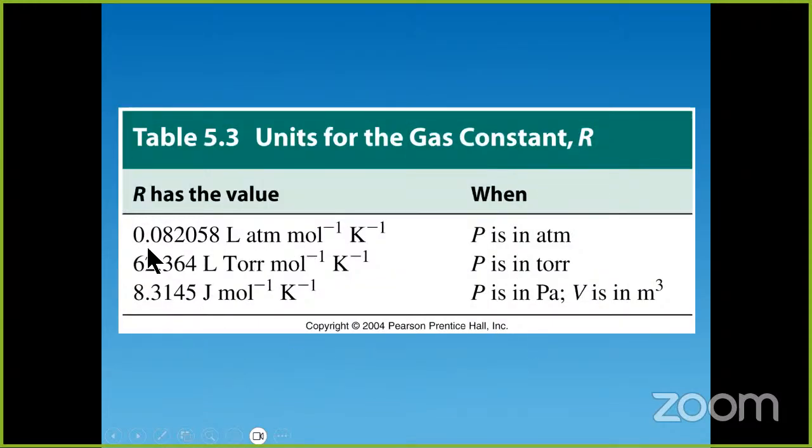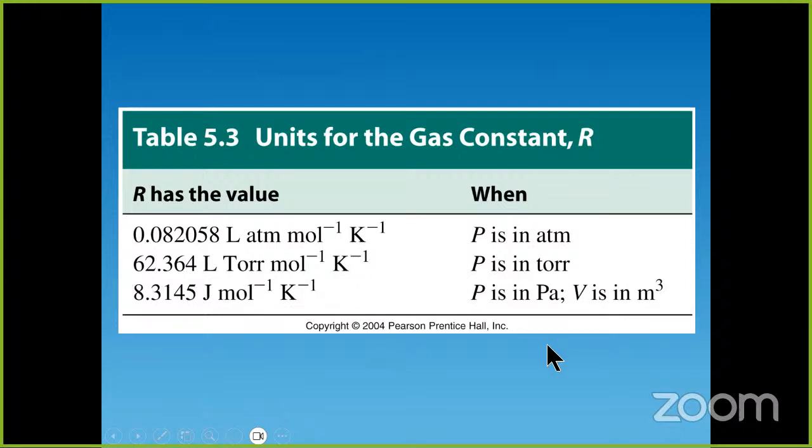So this R value here is the one that we just saw, and that is true when the pressure is in atmospheres, the temperature in Kelvin, volume is in liters, and of course, mole units would be involved. However, if you just make a change from atmospheres to torr, then you get a different numerical value of R with a corresponding change in the units right here, all right? I don't anticipate us using this value too much, all right?